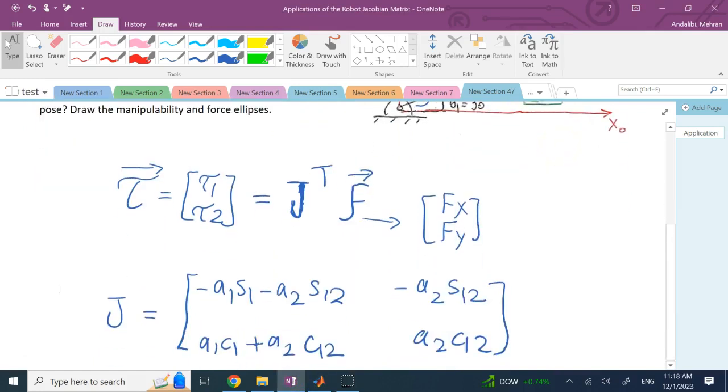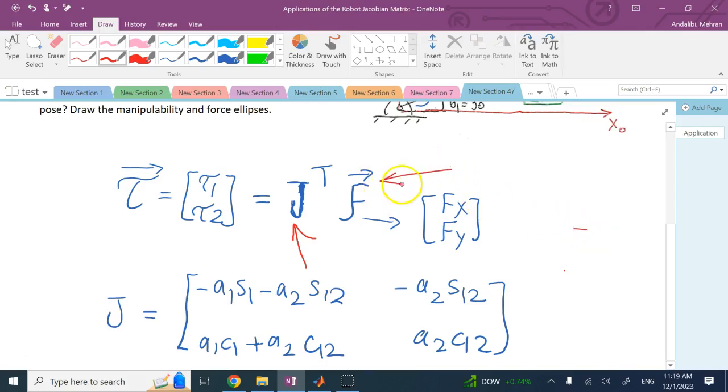Now, I plug that Jacobian in, and for the end effector force, I'm also going to need the force. So what are the forces on the end effector, or actually what are the forces that the end effector applies to the environment? Pay attention, this F is the force that the end effector applies to the environment, not the environment applying the force, okay?